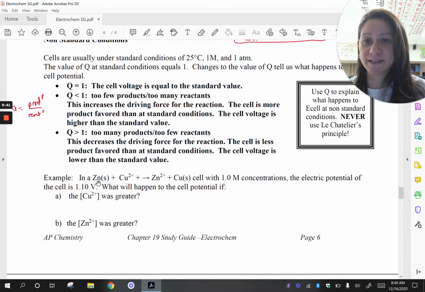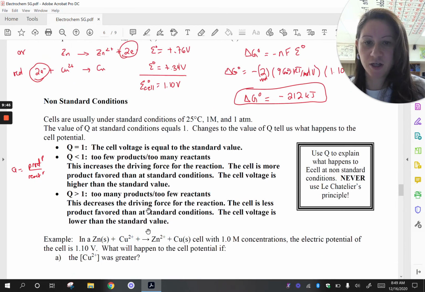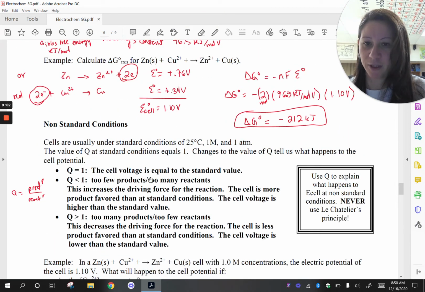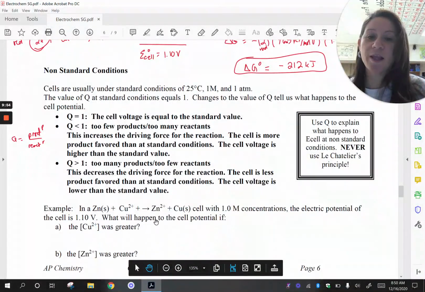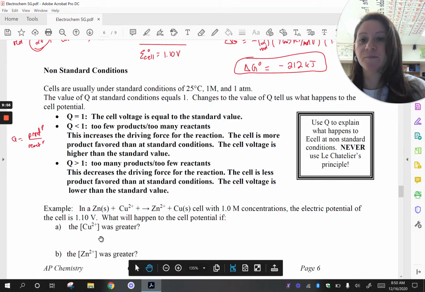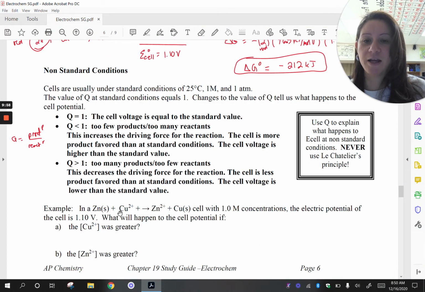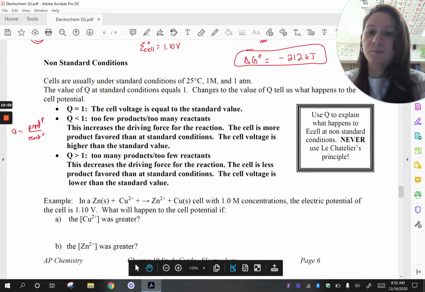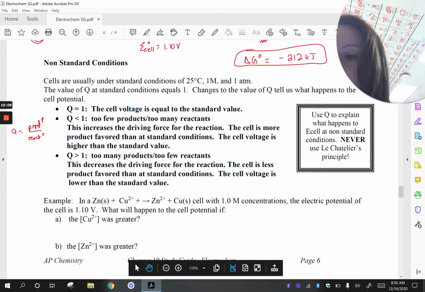So let's look at this here. In this cell, which is the one that we've just talked about, with 1 molar concentration, the electric potential is 1.10 volts. We calculated that, right? What will happen to the cell potential if I increase my Cu2+ concentration? Well, remember that Q is products over reactants.